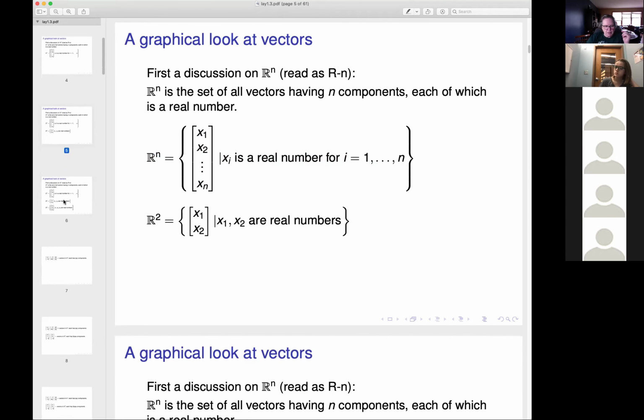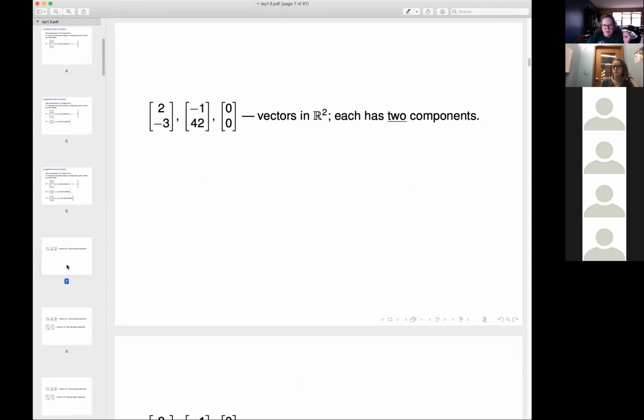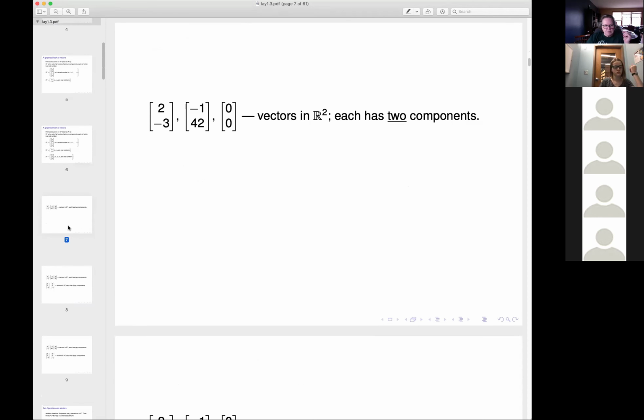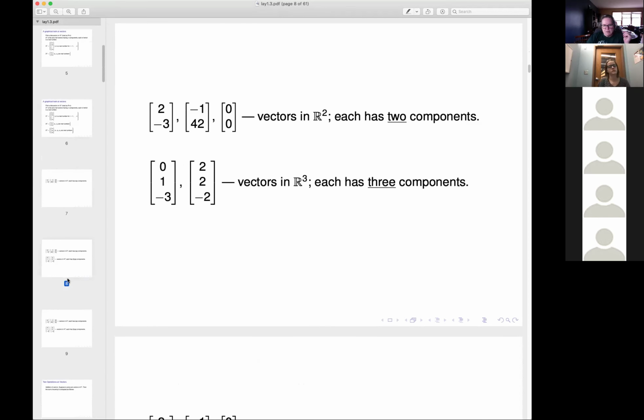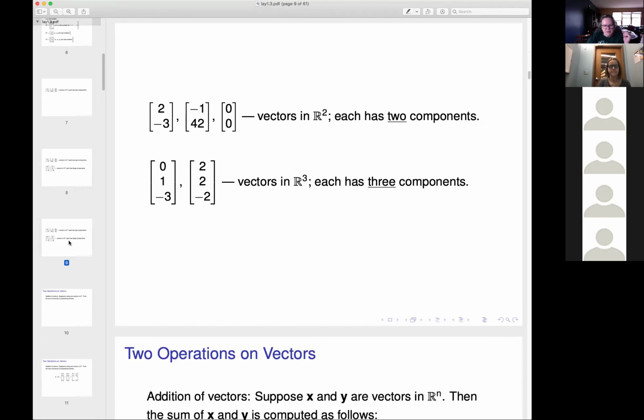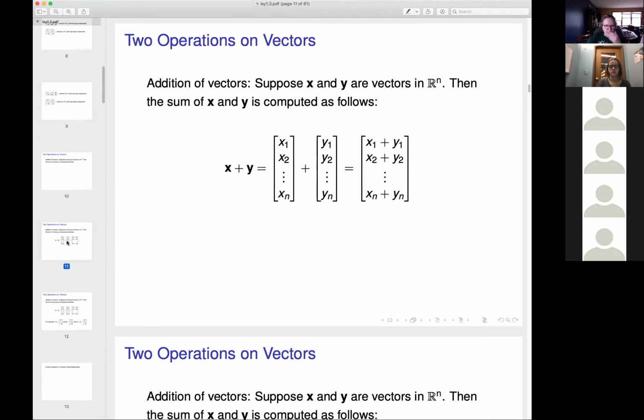And similarly R2, R3, just examples. And then we talked about operations on vectors. So let me skip through this.